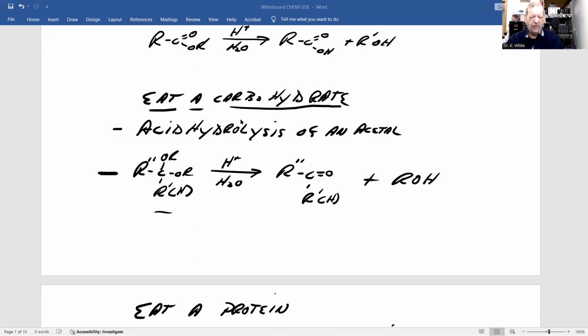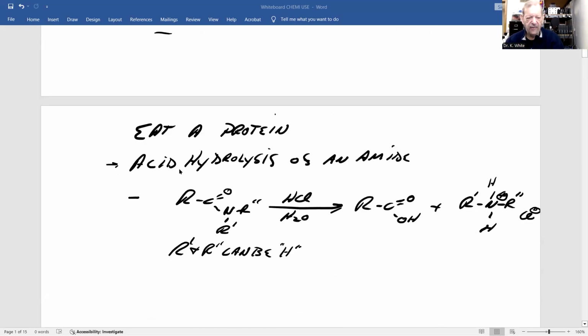So describing with words, when you eat a carbohydrate, that's acid hydrolysis of an acetal. And here we have what you learned for test 2, an acetal or ketal. When R prime is H, that's the acetal, acid and water. You get back the aldehyde or ketone plus the alcohol you would have used to make that acetal or ketal.